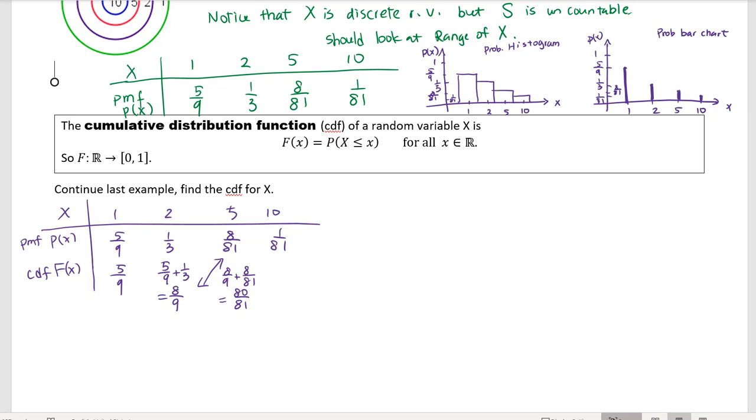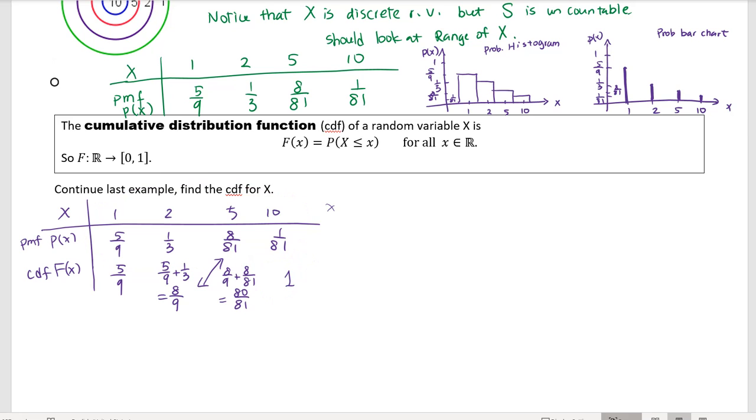And then finally, this one added to this one, you get 1. That happens because you see all the probabilities are right here for these values. So when the x you pick is greater than or equal to 10, then the probability is 1.